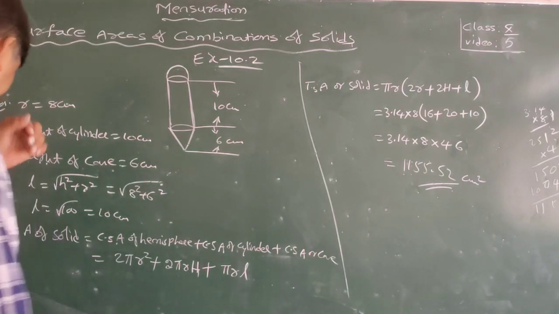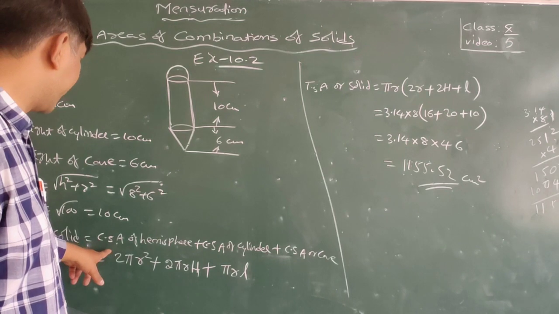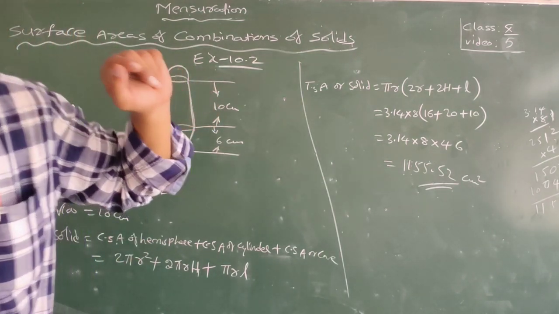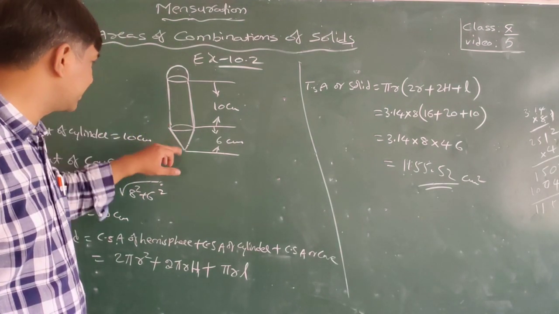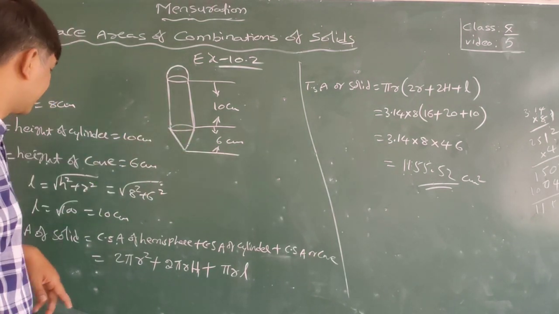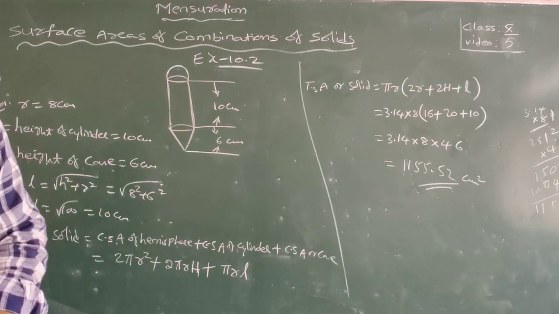Okay, so slant height is equal to 10 centimeters and 2 pi r square is the CSA of the hemisphere, because one end is a cone and another end is a hemisphere. CSA, CSA, CSA: 2 pi r square, 2 pi r h. H is 10 only, no? Yes.